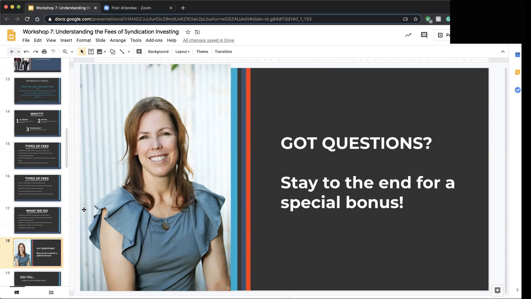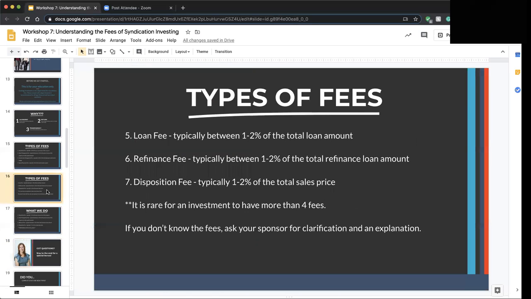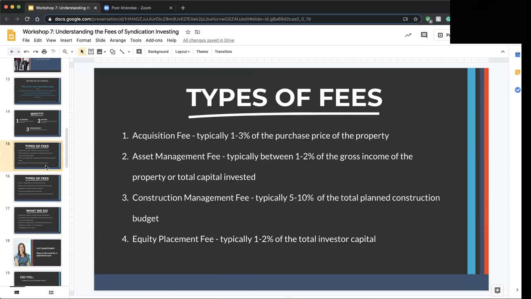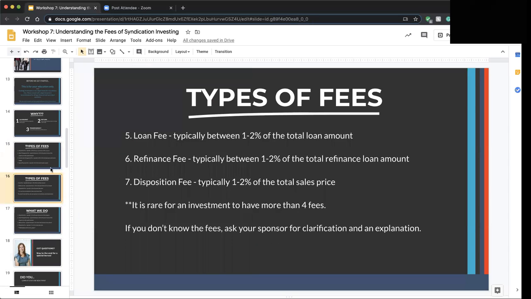All right, question came in. Why those fees as opposed to the 3 that you don't favor? It's not necessarily favoring. It's just with our particular projects, the construction management fee, equity placement fee, and the loan fee, especially the loan fee and the equity placement fee, those two, for me personally, when I see those fees charged in a syndication, I go back to that number one question: why?